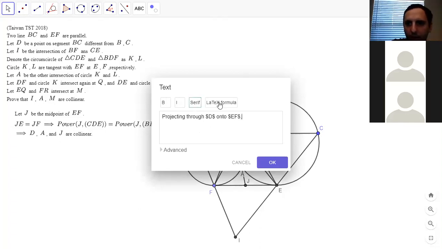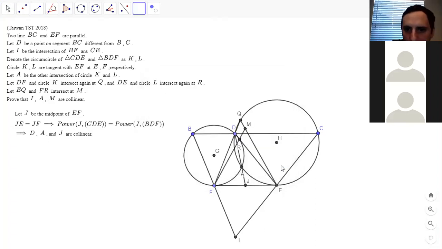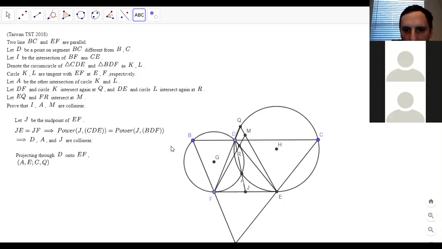that's basically how we find out that AECQ is harmonic, because we have, let's see, ACEQ, or let me say EQAC.